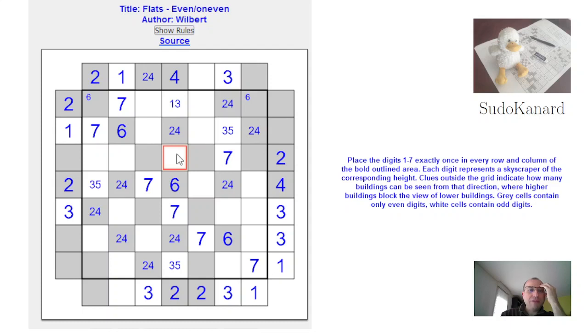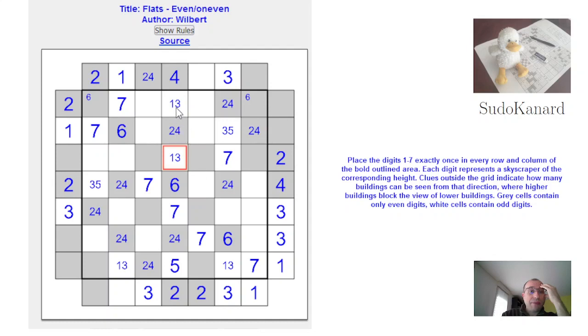No, 5 wouldn't work because 5 here would make this a 3, this a 1, and then we would see 5 buildings here. So 5 here doesn't work. 5 in this column must be here. I will pencil mark the 1, 3 pair here. And this is also from 1 and 3, and that's interesting.